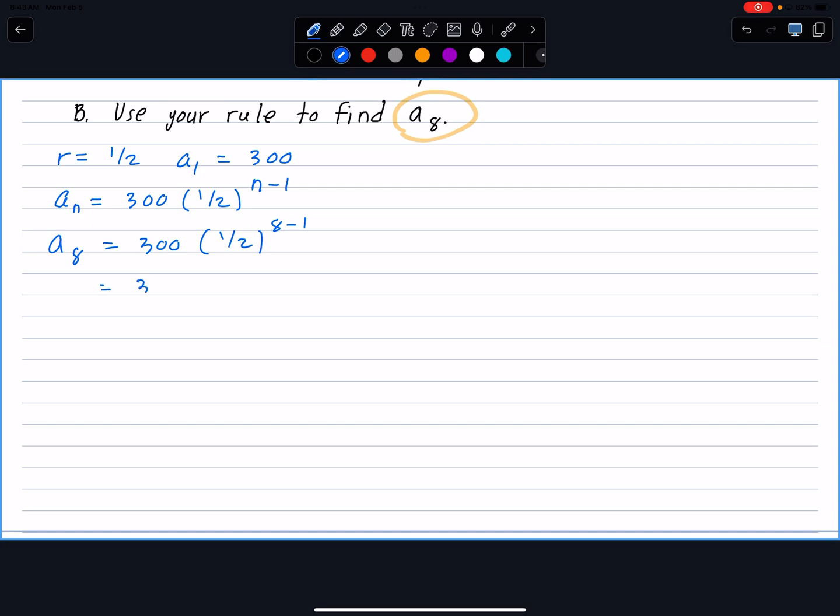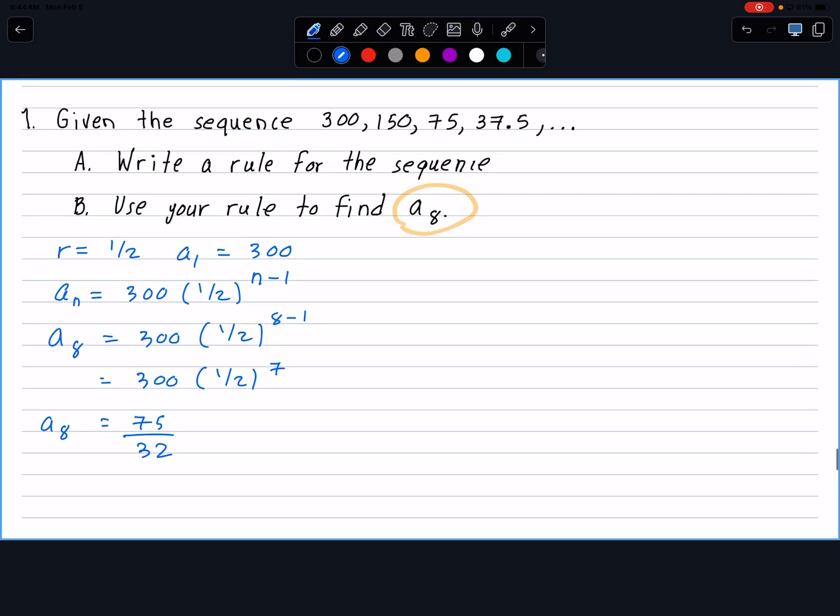So we get 300 times 1/2 to the 7th, which I get, you can either have this as a decimal or a fraction. Mine returned it as a fraction, so I'm going to keep it like that. 75/32.